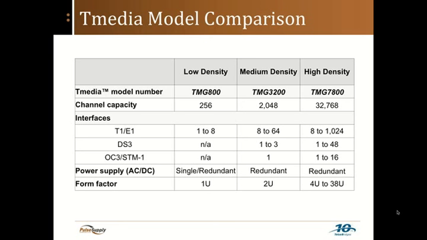You see here in the low density column a product called the TMG 800 that supports from 1 to 8 T1s, and there's a medium density product called the TMG 3200 which supports T1s, but is also available with 1, 2, or 3 DS3s, or 1 OC3, and then finally there's a large gateway that supports a very large number of ports, and that just depends on the different configurations or deployments that are required.